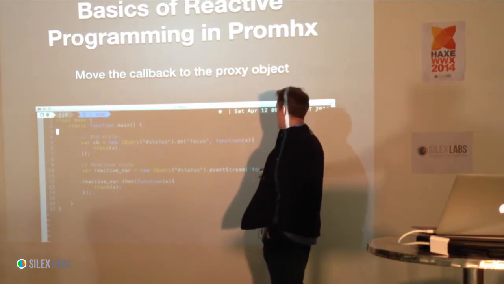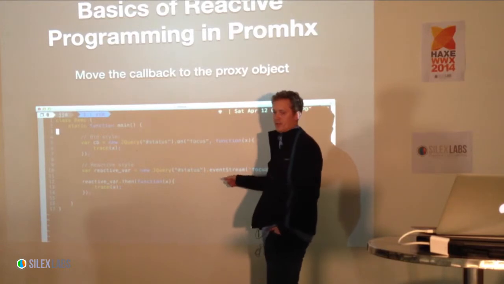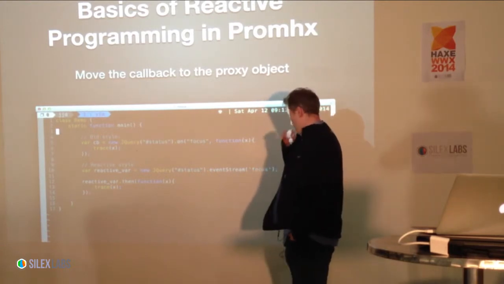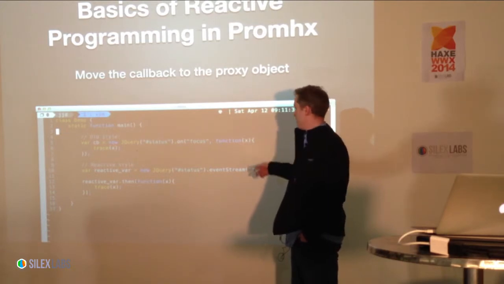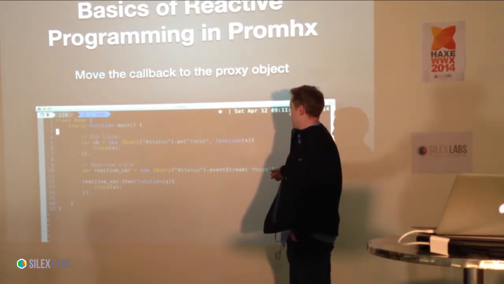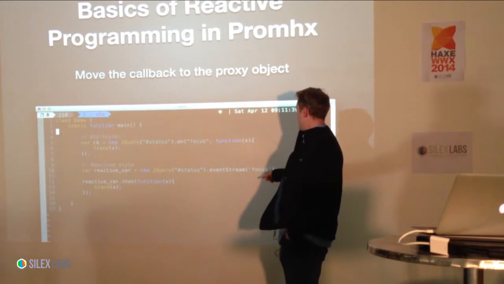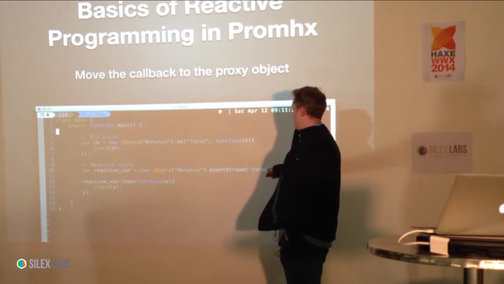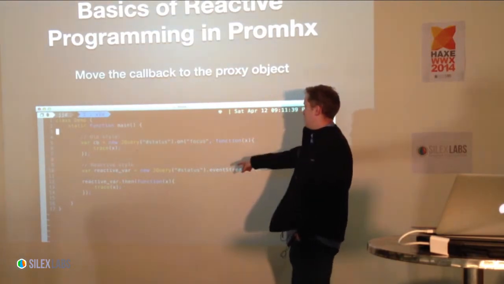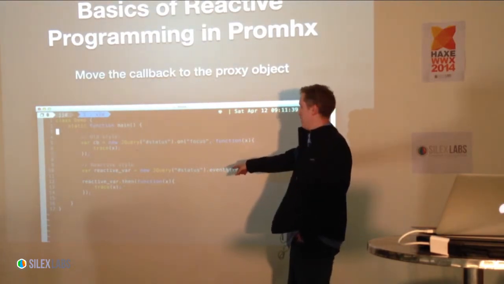With reactive style, this is actually a method I defined. It's a public static method, and I applied it in jQuery using using. But you can imagine a similar method applied for different means. What it's going to do is create a stream of focus events on that element.